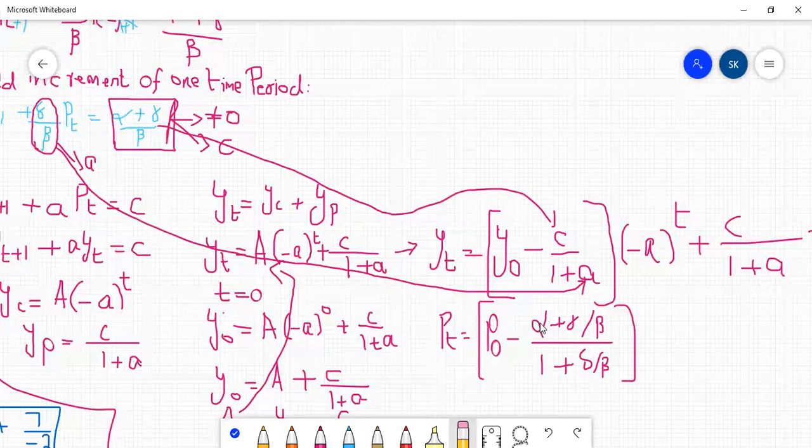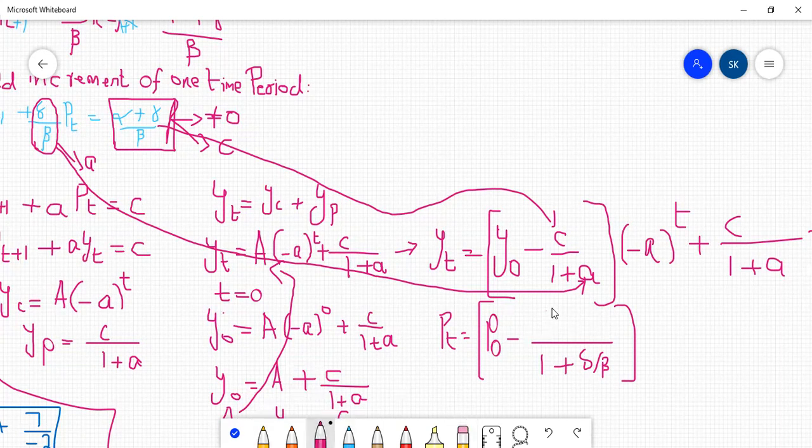I need to rewrite it again, because I know students sometimes do not get the right point and therefore they do not solve it correctly. So this should be alpha plus gamma, the whole divided by beta, and then divide this by 1 plus sigma by beta.